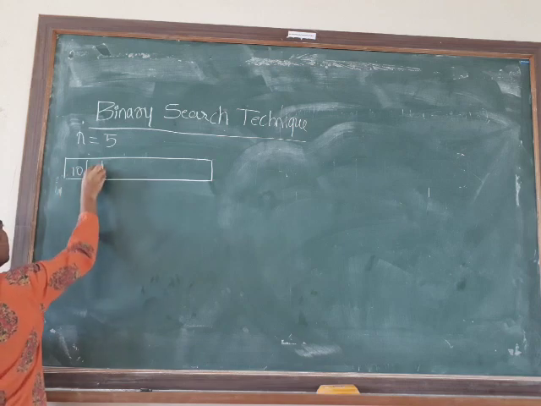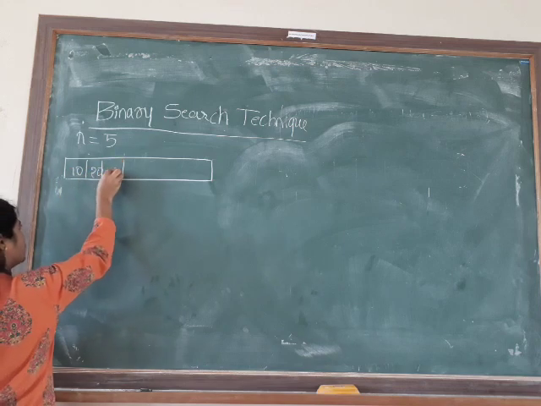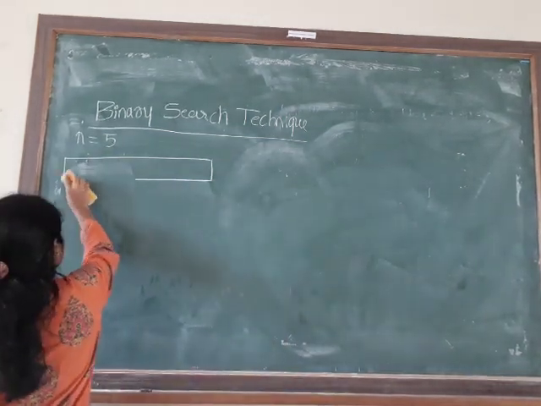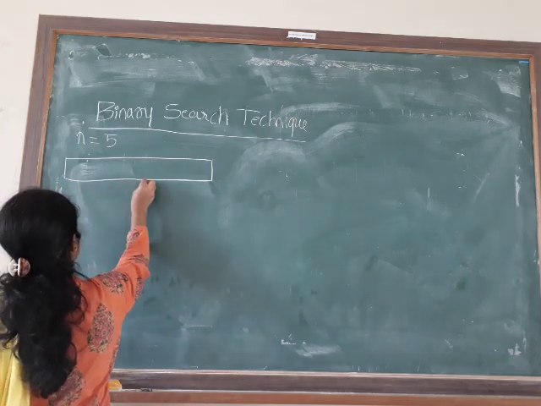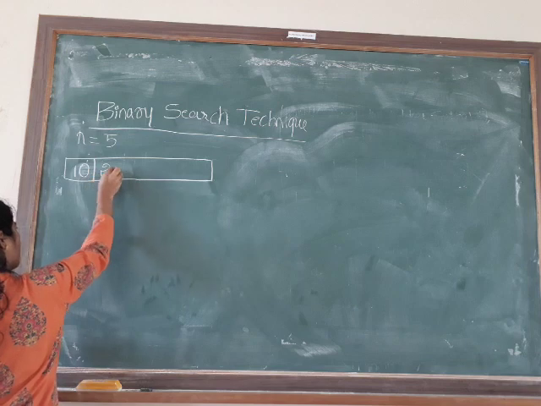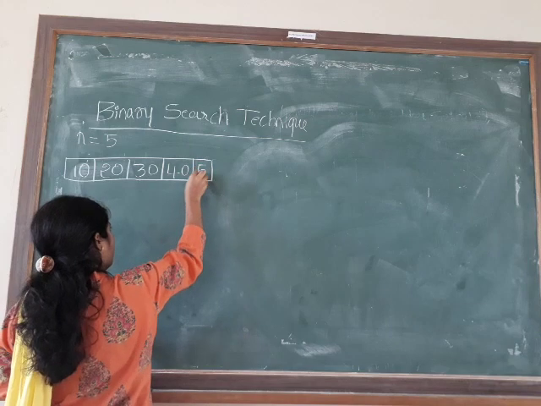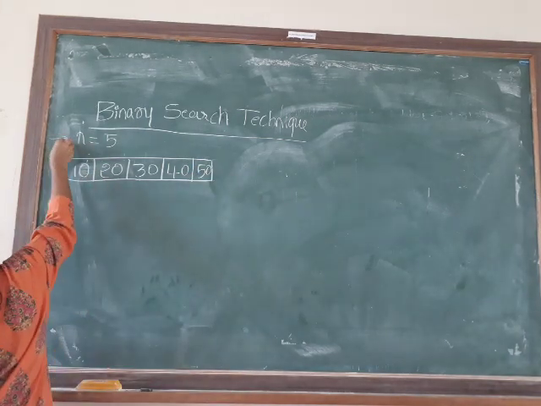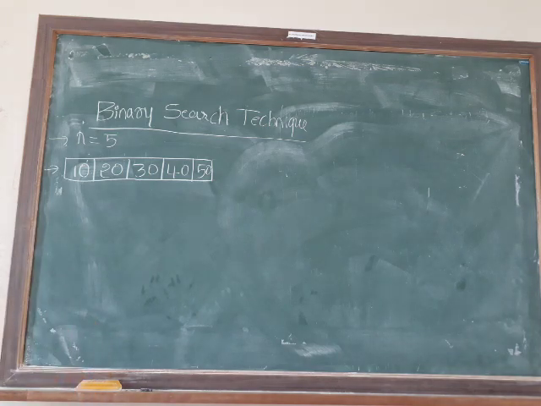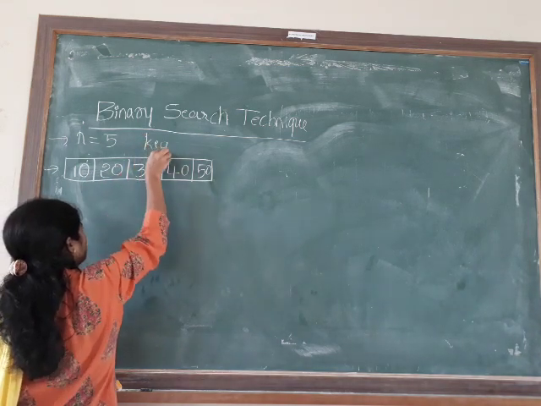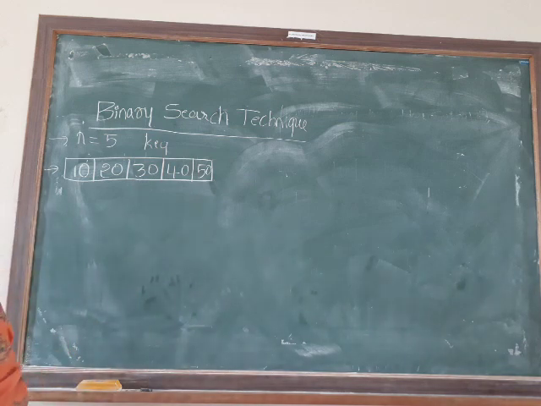I'll take 10, 20, 30, 40, 50. The first input is the size of the array, the second input is the array elements, and the next input is the key to be searched.